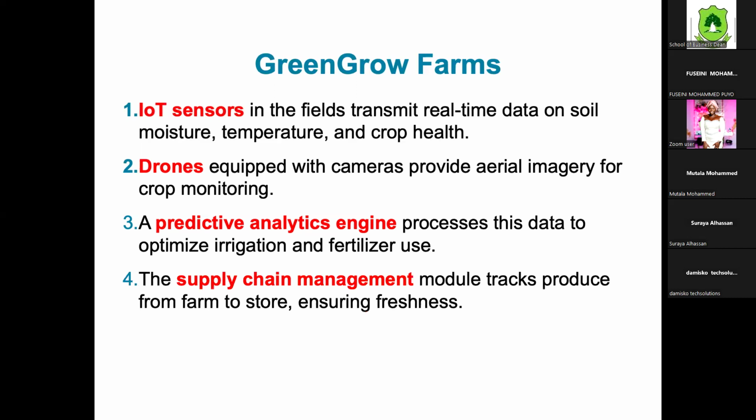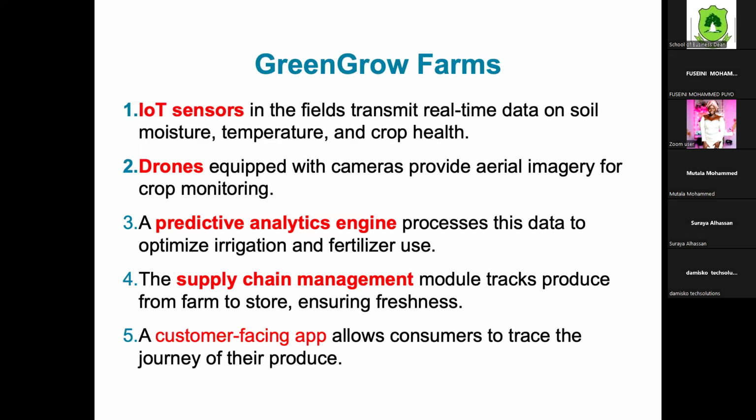Then a supply chain management model tracks produce from the farm to the store, ensuring freshness. So they won't bring your foodstuffs to your store and then you open it and realize that they are rotten. No. Then they also have a customer-facing application which allows consumers to trace the journey of their produce.